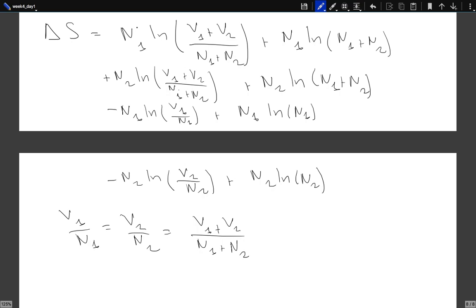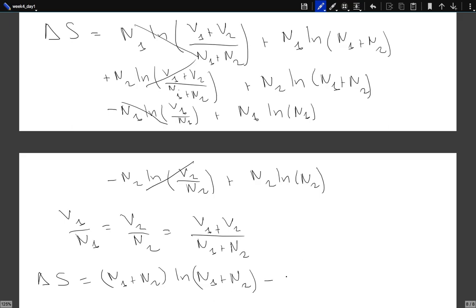But this tells me that these terms will cancel. So in this special case, delta S is just N1 plus N2 times logarithm of N1 plus N2, minus N1 times logarithm of N1, minus N2 times logarithm of N2.